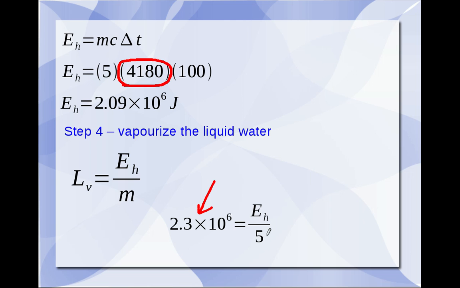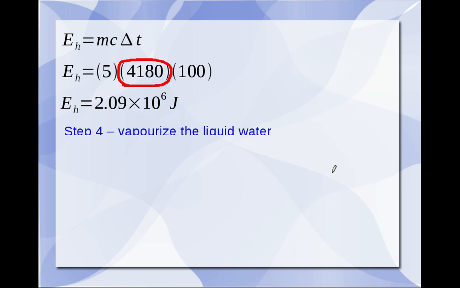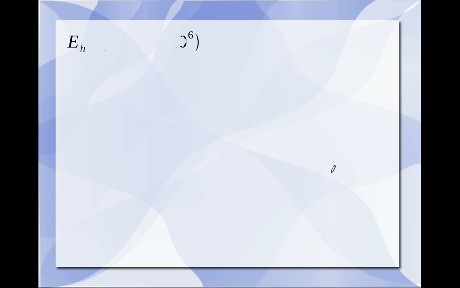Our mass is still 5 kilograms. There's the mass. So we'll solve for the heat required. And so we need 1.15 times 10 to the 7 joules of energy to vaporize the water, or 11.5 megajoules.